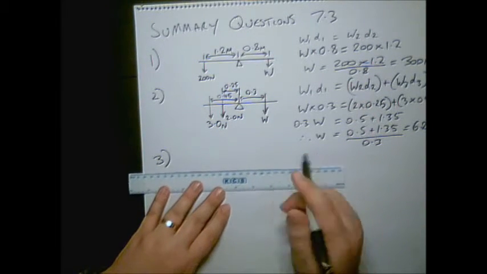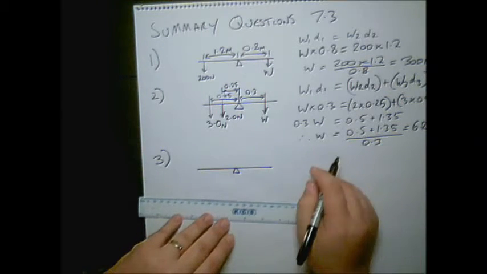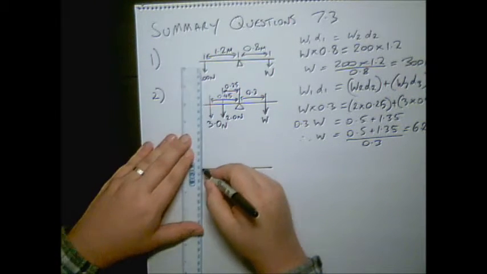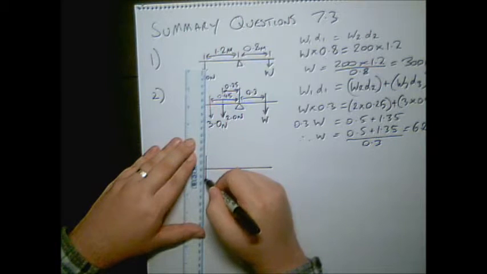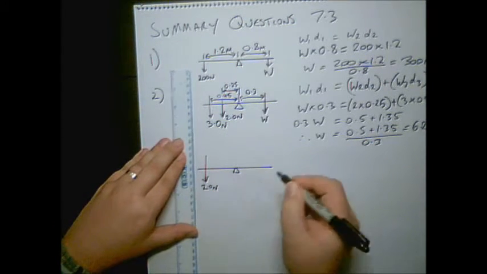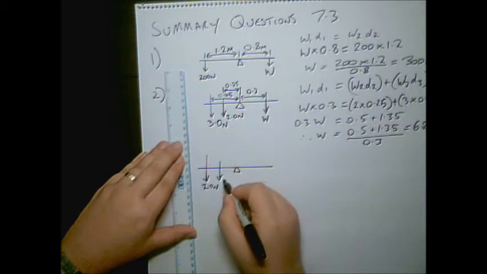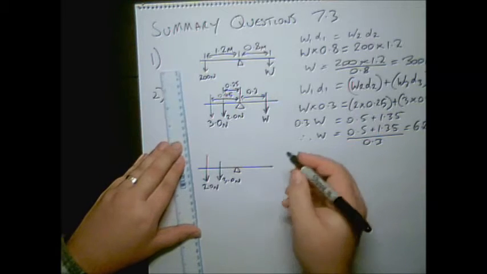Let's redraw it out. We've got our meter rule, pivot at 50 centimetres. We've got a mass here, this time of 2 newtons, and a mass here of 3 newtons.